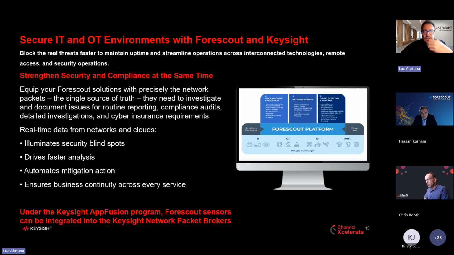Aggregation of traffic from multiple taps, bypass, or span ports is also possible. Load balancing of traffic to multiple analysis tools is also a feature we provide. That setup helps eliminate security blind spots, drive faster analysis, automate mitigation action, and ensure business continuity. As we'll see on the next slide, under the Keysight App Fusion program, Forescout sensors can be integrated into the Keysight network packet brokers.